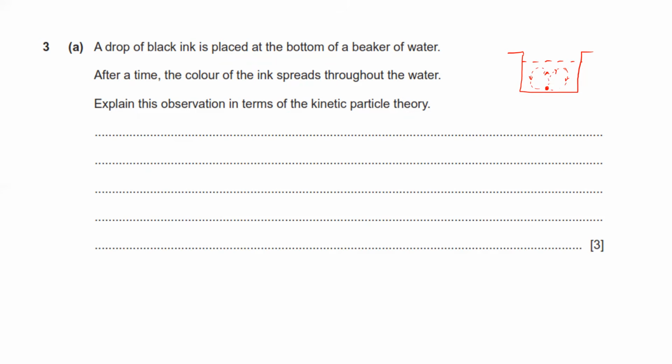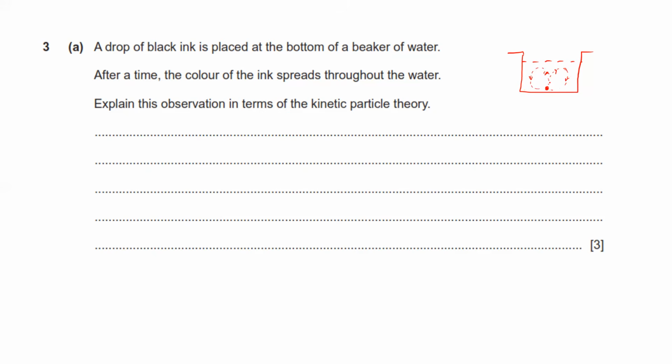So what does kinetic particle theory state in this case? Before I write, let me explain it to you first. What is happening is that the ink is diffusing in this water from a region of high concentration to a region of low concentration.